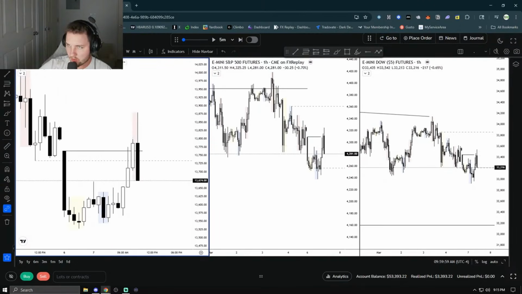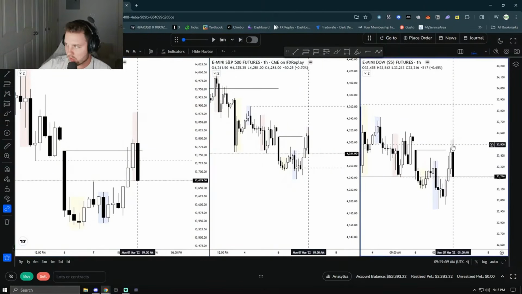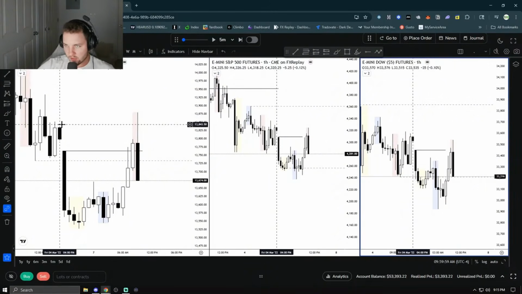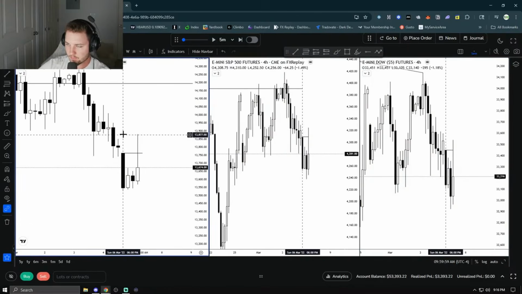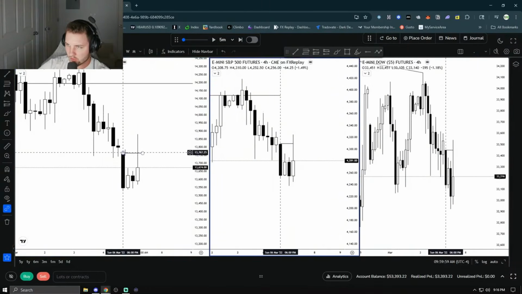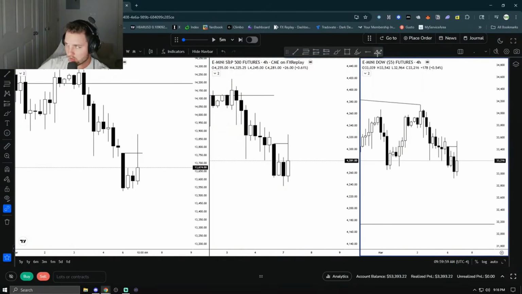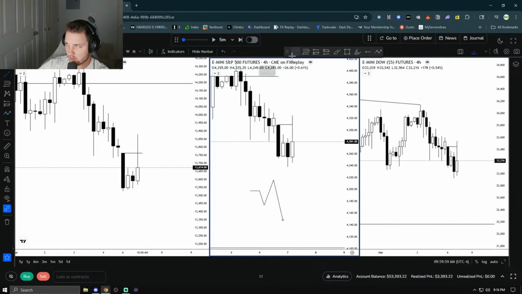Yeah, so right here, like I said, this has to be high of day, and we know that paired with SMT. It's not a strong swing point SMT, but this profile is just open low. Like, and we just did this, right? Open low, high, sweep, and then we go lower.